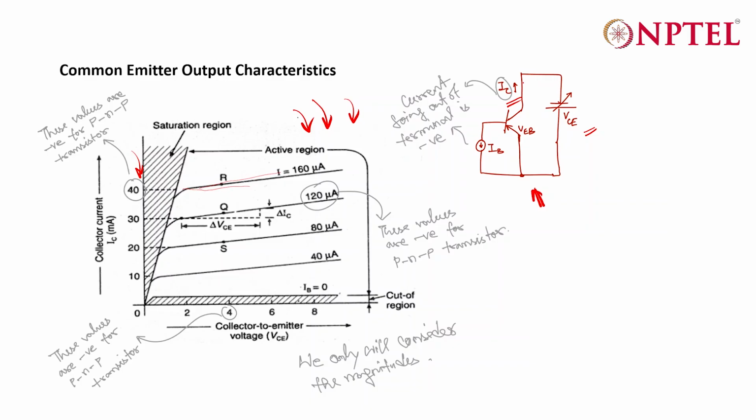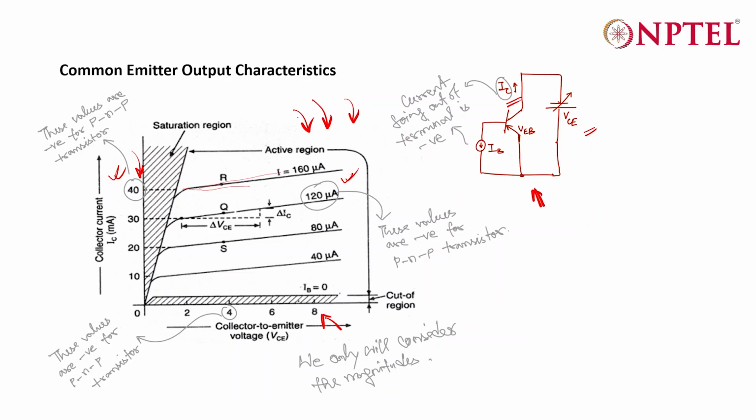Now, by convention, we consider the current going out of the terminal as negative. So, the IC should be negative. Your IB also should be negative because IB is also going out of the terminal. And then your VCE, the voltage you apply, also should be negative. However, we only consider the magnitude in this diagram.